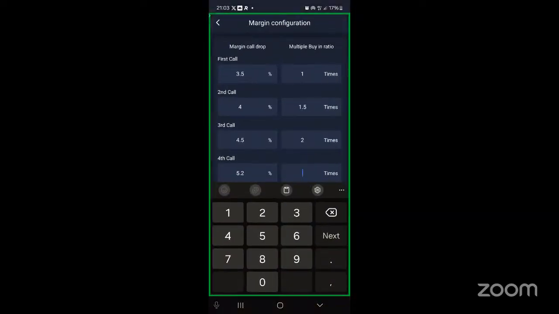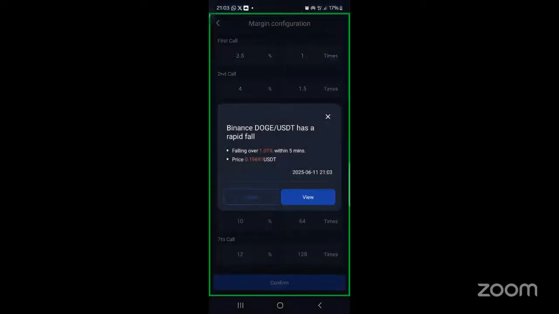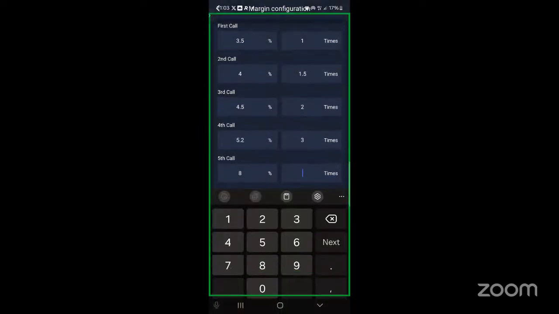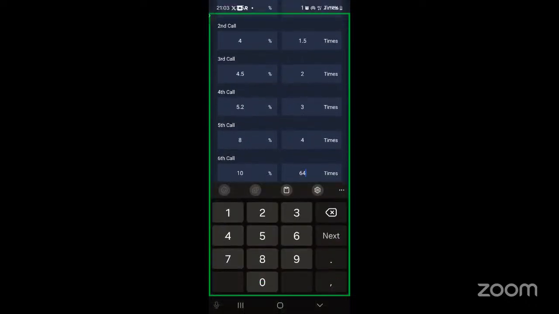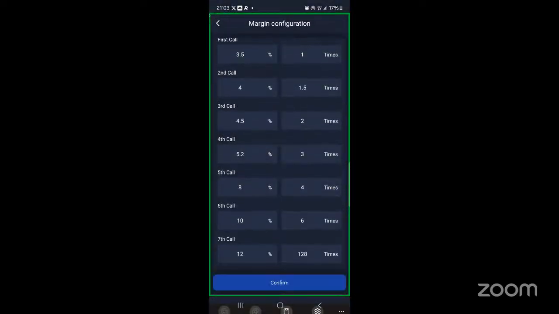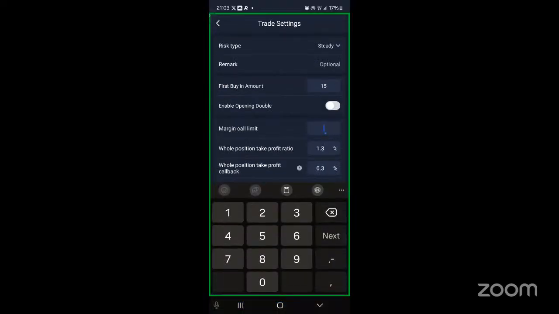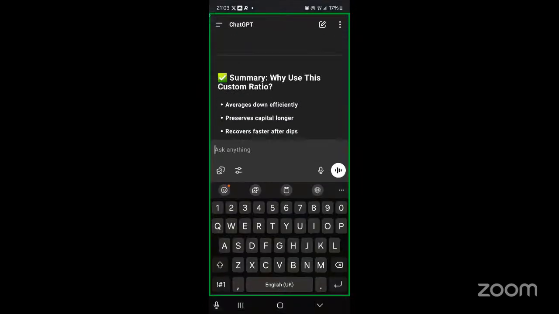Then there is 4, and then here we put 6. Those are 6 positions. Oh, no. These are supposed to be 5 margin calls.